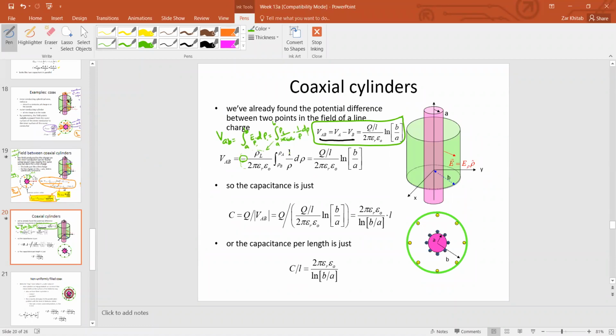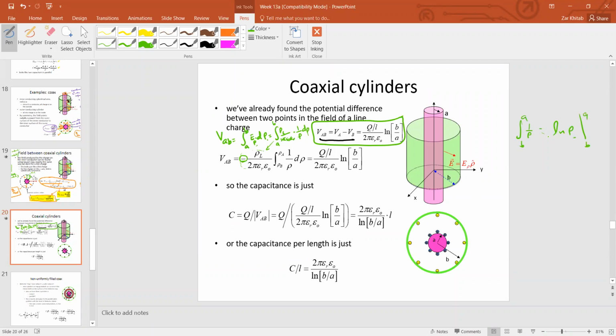The integral of 1 over rho from A to B or B to A, whatever the value is, say B to A, is natural log of rho from B to A.